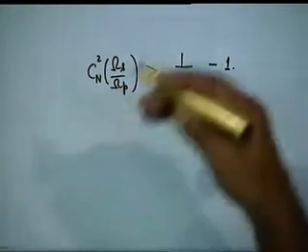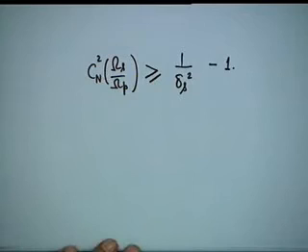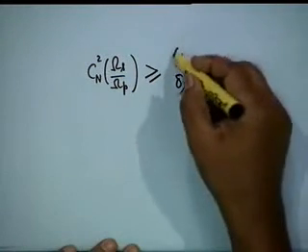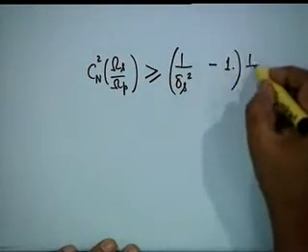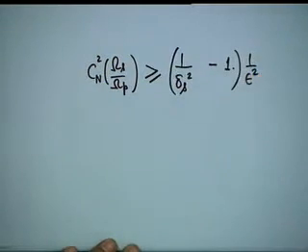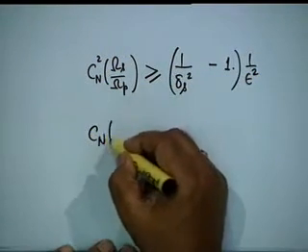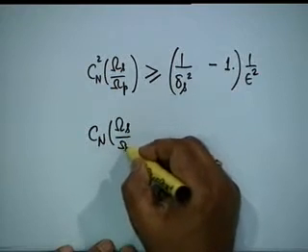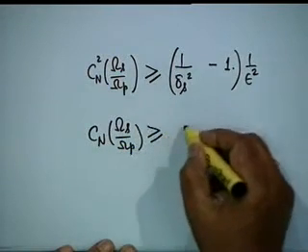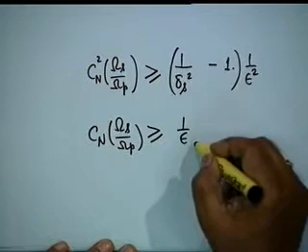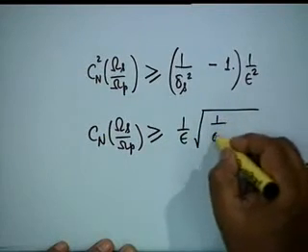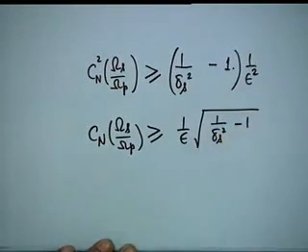Agreed? I simply take the reciprocal, pardon me, multiplied by 1 by epsilon squared, that is right. And therefore, Cn of omega s by omega p should be greater than or equal to 1 by epsilon times the square root of 1 by delta s squared minus 1.